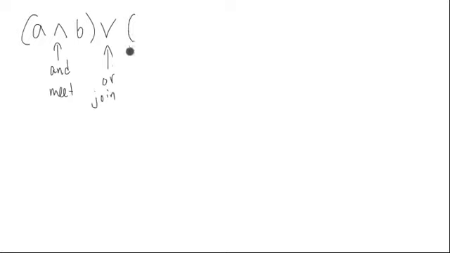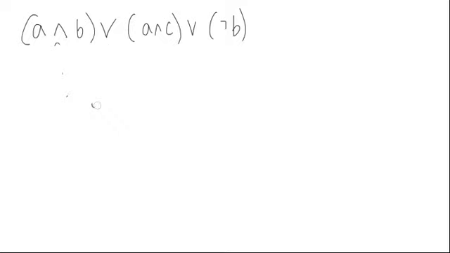Okay, so let's suppose that we have something like A and B, or A and C, or not B. Okay, so this right here is written in disjunctive normal form.